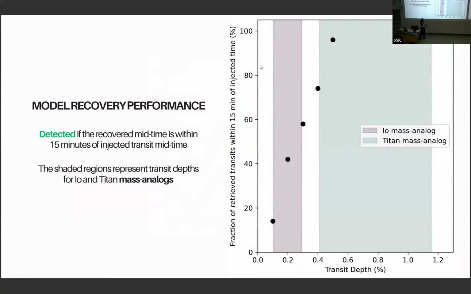And as you can see, as we go to smaller and smaller transit depths, of course, our recovery is dropping off, which makes sense. I also have here Io and Titan mass analogs and where that would fall in terms of our transit depths. And so if we consider our 0.5 and 1% transit depths, that was going to be a 96% recovery rate.